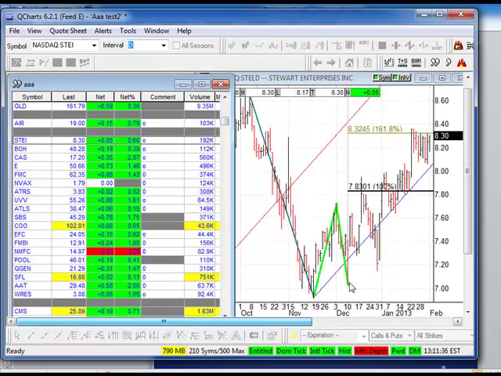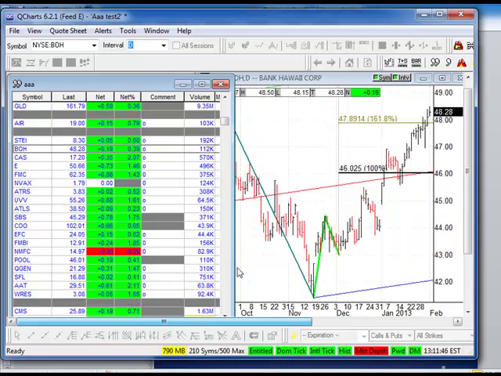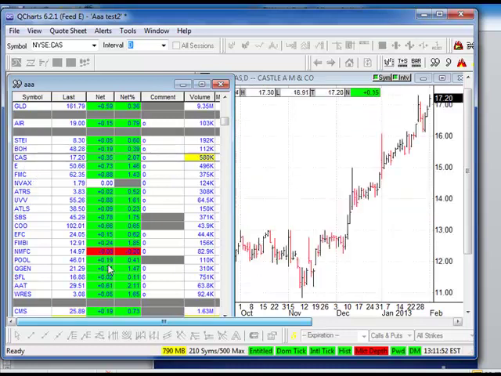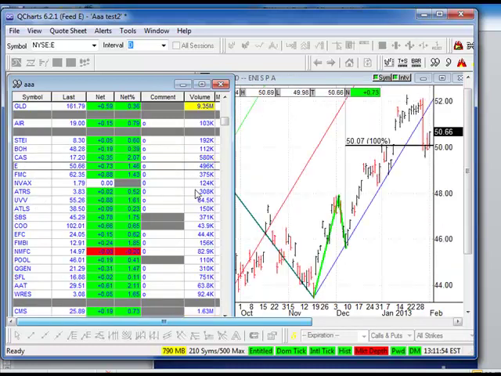So here was the 2, and this one made it up to the 162% point, but didn't make it up to the median line. BOH made it past the median line and past the 100% point. This one here, we didn't draw anything in on. Here's something with Spain. Did not make it to the median line, but made it past the 100% point.